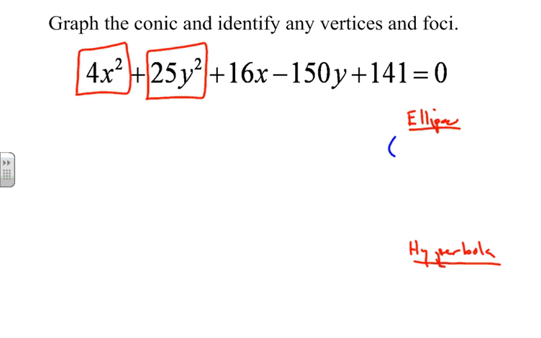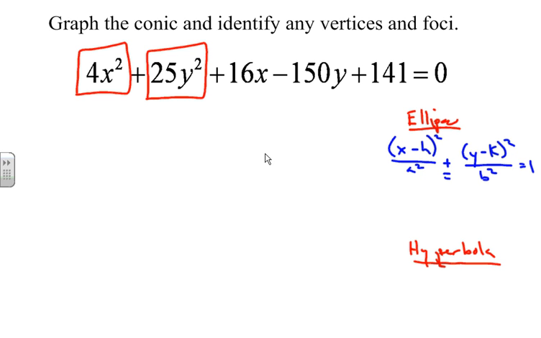An ellipse comes in standard form where you have a horizontal axis of (x minus h) squared over a squared plus (y minus k) squared over b squared equals 1. We are adding.